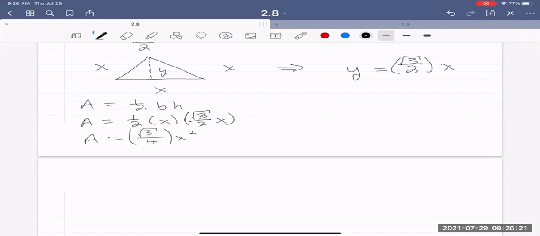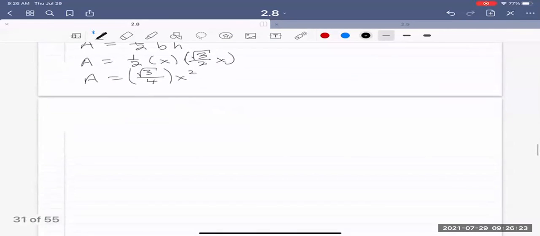So let's differentiate this. So dA/dt is equal to, bring down the 2, 4 divided by 2 is 2.